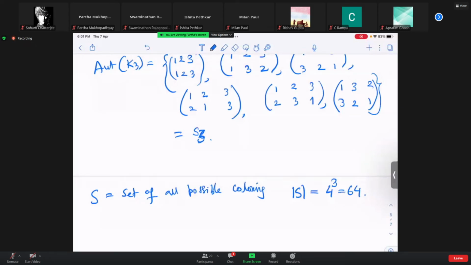Or in other words, what is the nice thing about all the indistinguishable colorings? If you think for a moment, they are basically an orbit. Because what is the meaning of an orbit? One element is moved to the other by the action of a group, which is the automorphism group of K3. And that's our notion, that they are different if one cannot be moved to the other by an automorphism. So it basically says that the number of distinguishable colorings is the number of orbits.